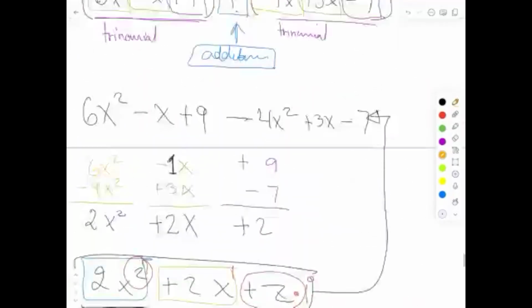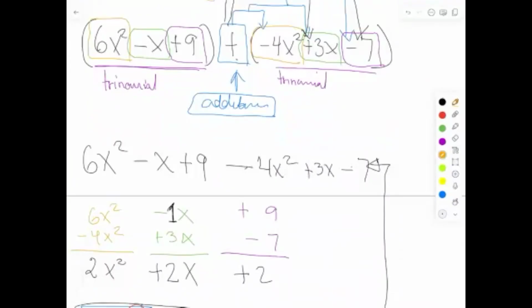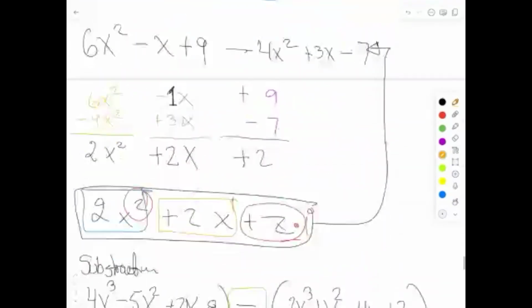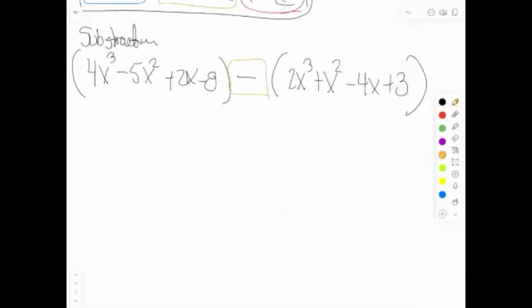Subtraction is not the same as addition. No. Subtraction changes people, right? Subtraction says, okay, what is the sign for the 2x to the third? What sign does that have?